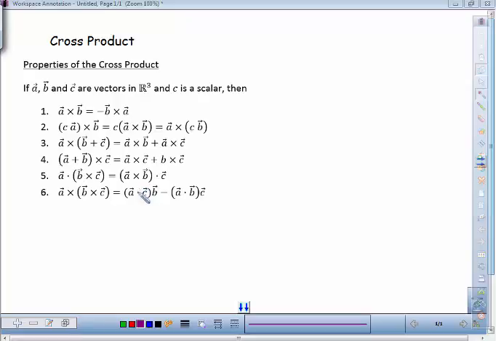Instead, they're revamping this idea of a cross product, and it shows another interesting relationship between the cross product and the dot product. So all these can be proven if we assume A is equal to A1, A2, A3 or something like that, and then you go through the motions of doing some of these proofs.